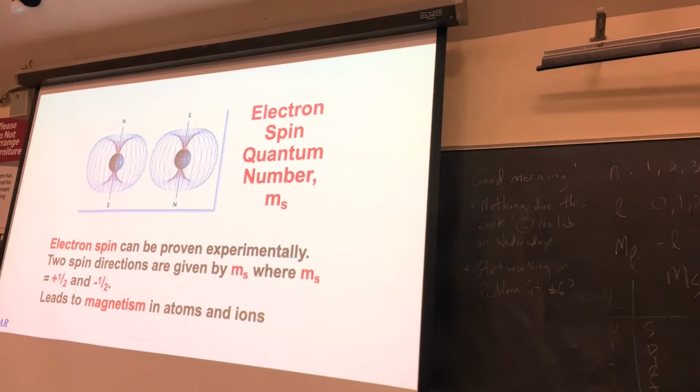And electrons spinning create a little bit of a magnetic field. And if you have an external magnet, like another atom, or actually a physical magnet, then the electrons can spin in the direction of the external magnet, or with a little extra energy, they can spin in the opposite direction.